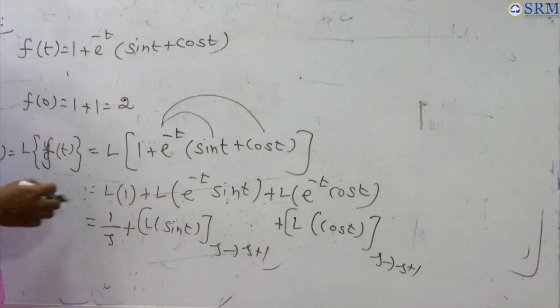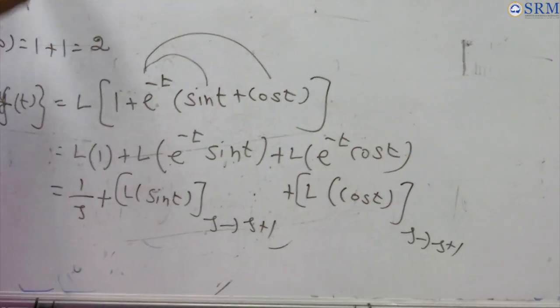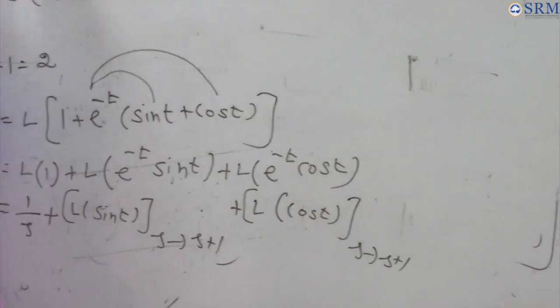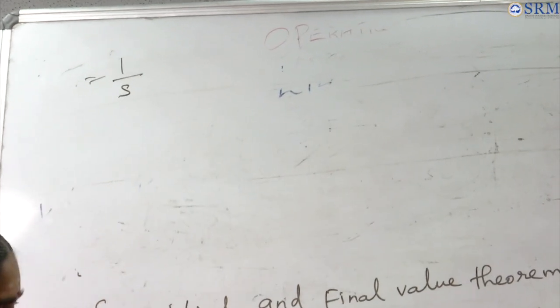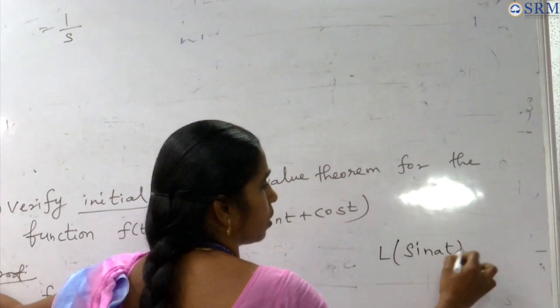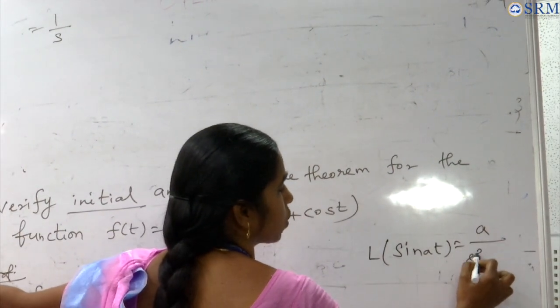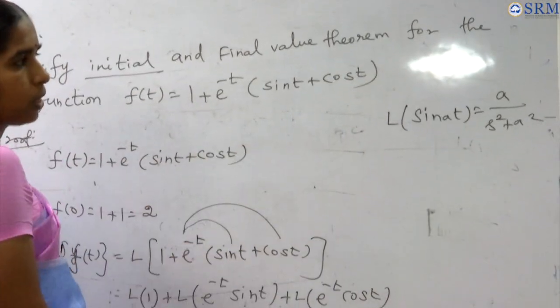Suppose e power t, then s is replaced by s minus 1. So 1 by s, then L of sin t. The formula L of sin a t is a divided by s square plus a square. In your question for L of sin t, a is replaced by 1.